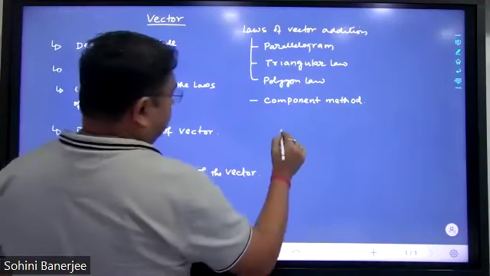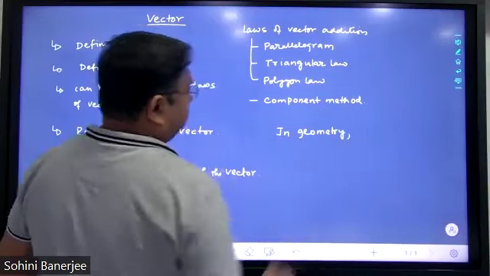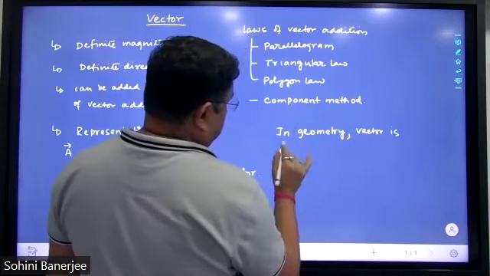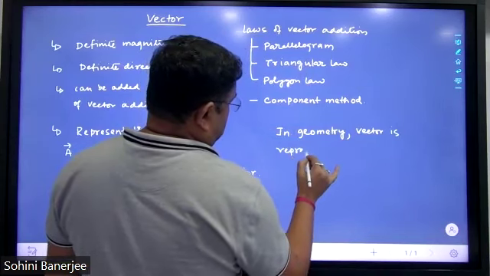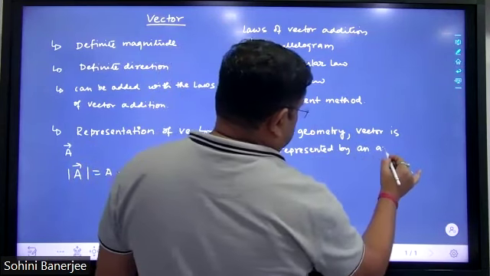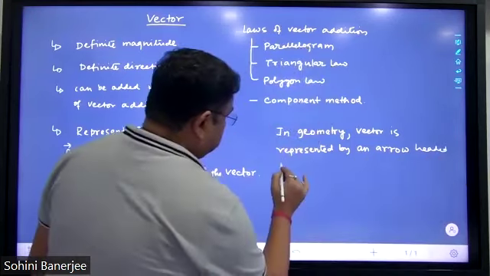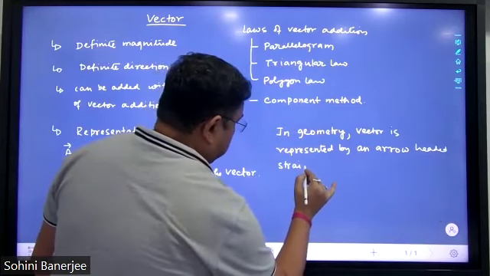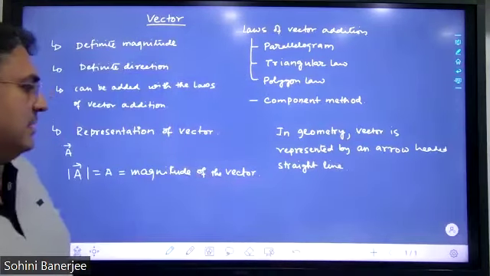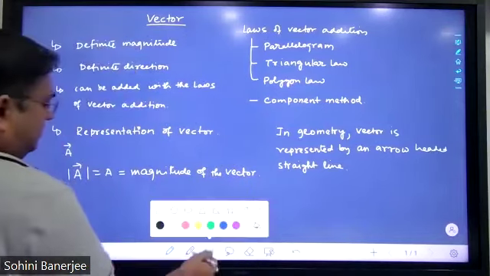Now in geometry, vector is represented by an arrow-headed straight line, like this.